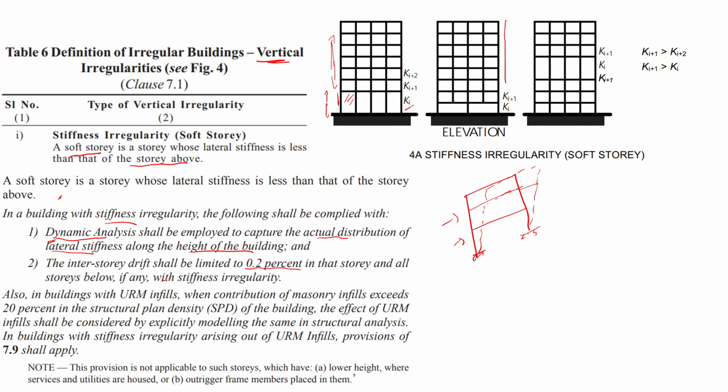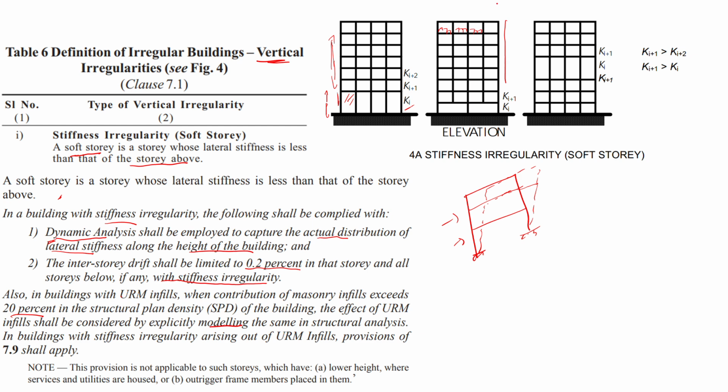Also, in a building with URM, when the contribution of masonry infills exceeds 20% in the structural plan density of a building, the effect of URM infill shall be considered by explicitly modeling the same in structural analysis.